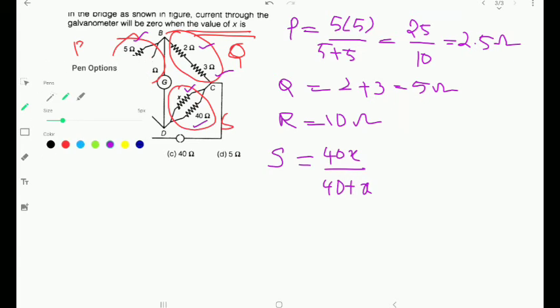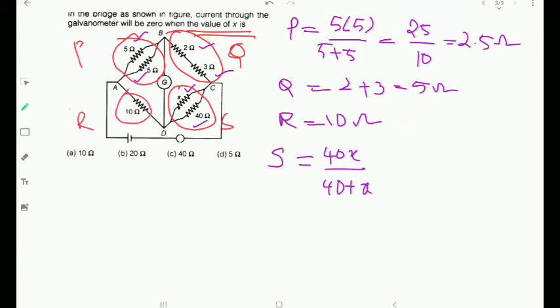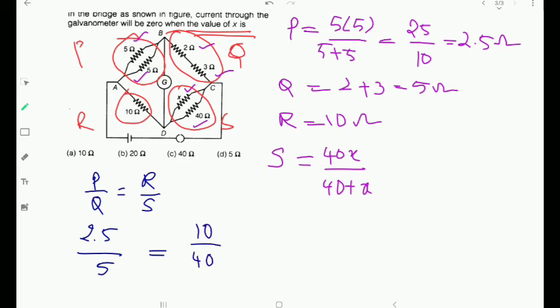What is the condition? It is P by Q equal to R by S. P value is 2.5, Q is 5, equals R, which is 10, and S is 40X by 40 plus X.